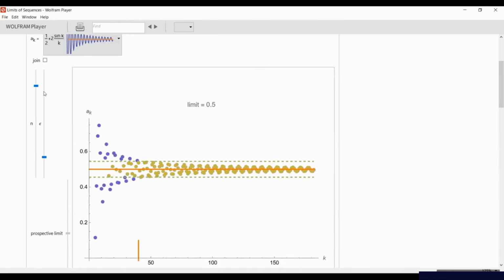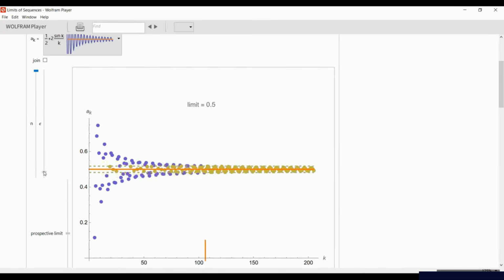Now see, when n approaches infinity, all the numbers are just around this horizontal orange line. Even if I move up to the 200th term, all the numbers are in between these two. If I still reduce the epsilon, you will get some other number. After the 100th term, every number is in between this.